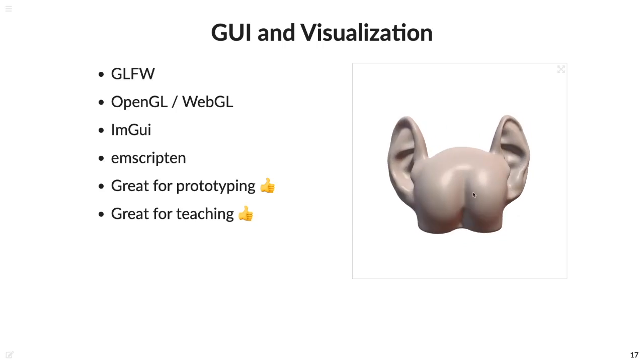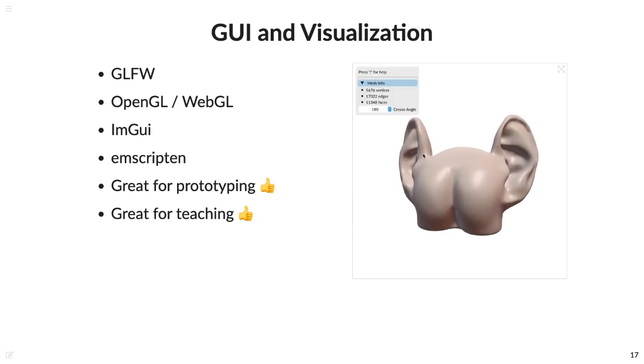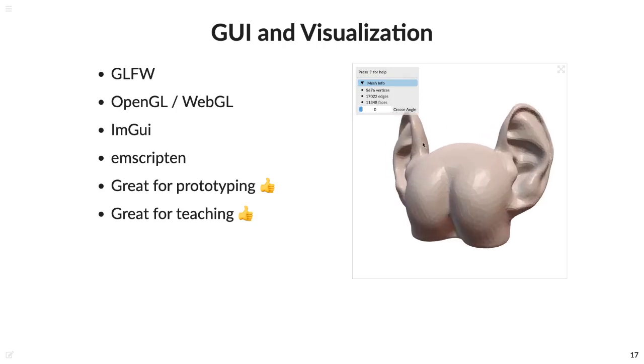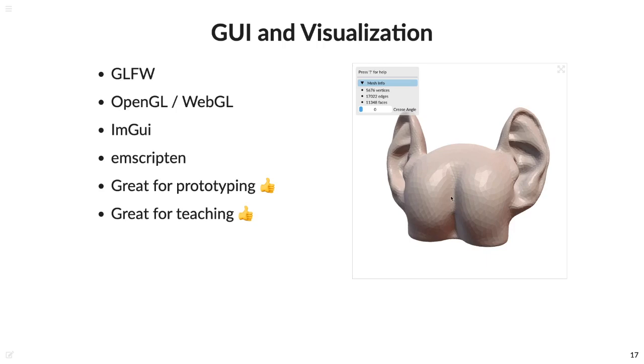The user interface is ImGUI, which we customized a bit to look nicer. This was recommended to us by Bruno Levy, so thanks a lot for that. It's an immediate mode user interface that is just based on OpenGL, so it's very easy to incorporate.